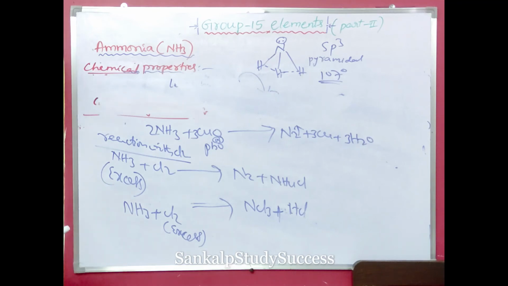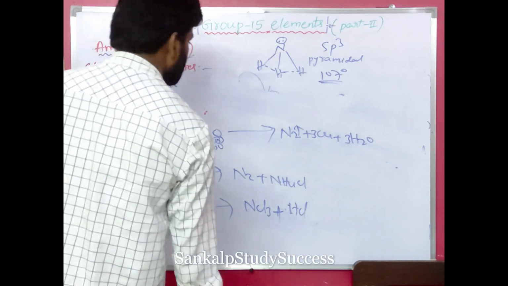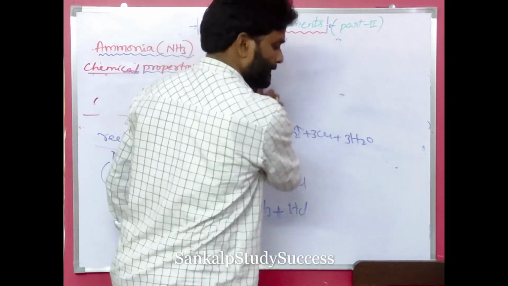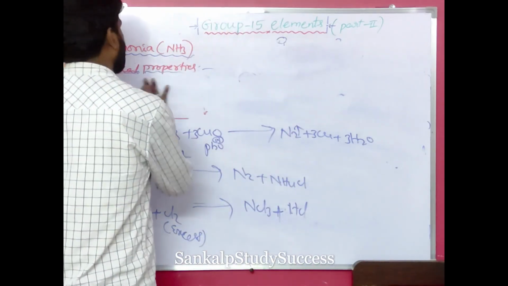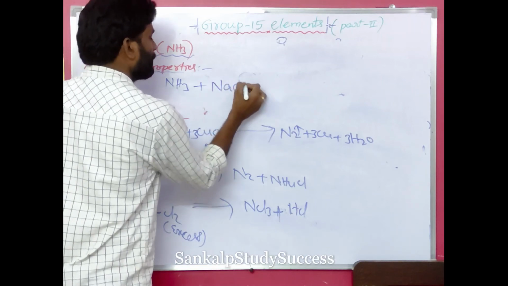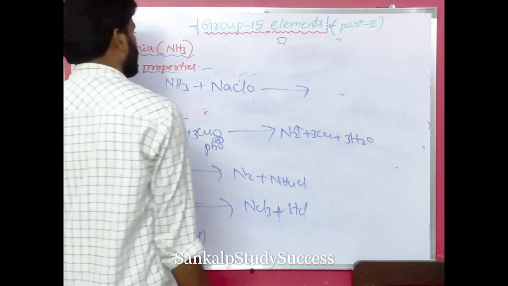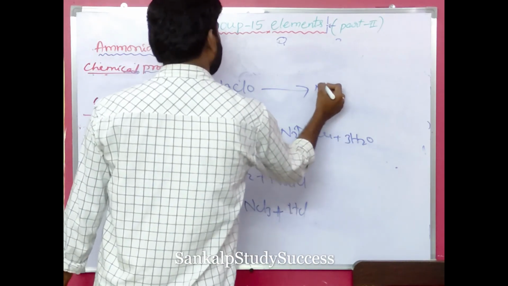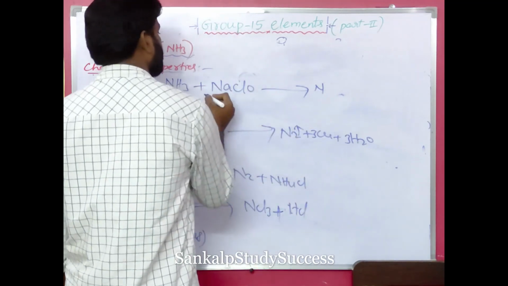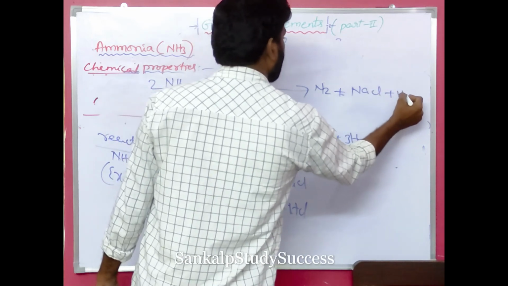Now, it is also oxidized with some oxidizing reagent. Ammonia can be treated with sodium hypochlorite, NaClO. It is oxidized. That will give nitrogen and NaCl and also water.